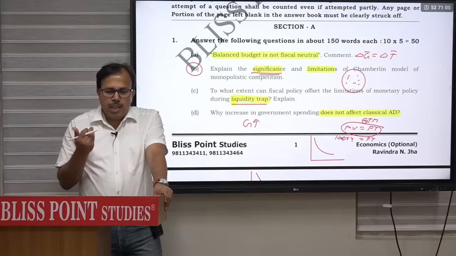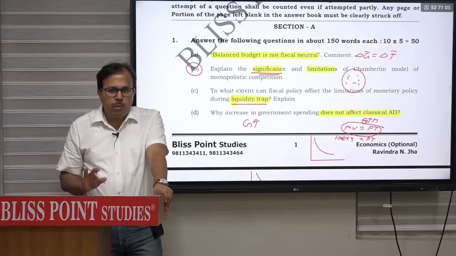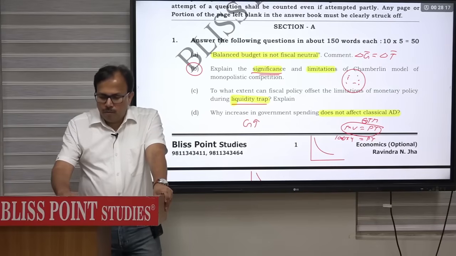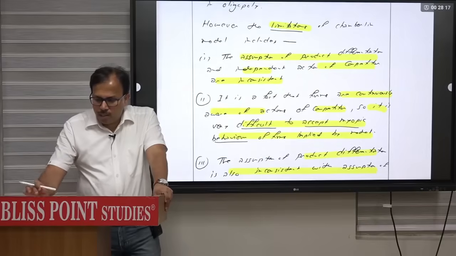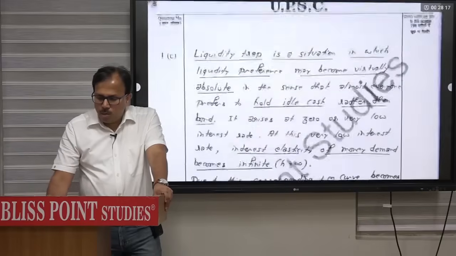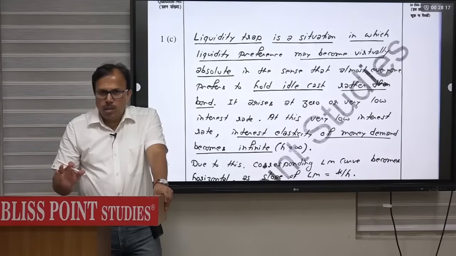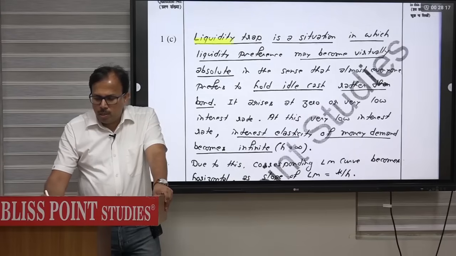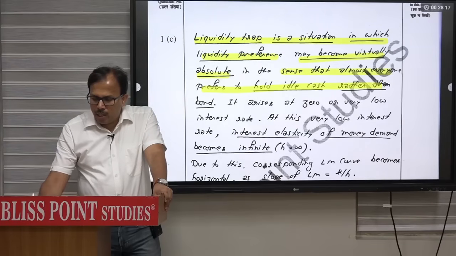So in that 7 to 8 minutes, about 1 or 1.5 pages अगर आप content लिख लेते हैं, that will be okay. But you have to be very effective. Initial paragraph content वो सब exact आना चाहिए. मॉडल आंसर से try to just incorporate कि liquidity trap ऐसे define किया है, ये definition याद होना चाहिए, that liquidity trap is a situation in which liquidity preference may become virtually absolute in the sense that almost everyone prefers to hold idle cash rather than bonds.